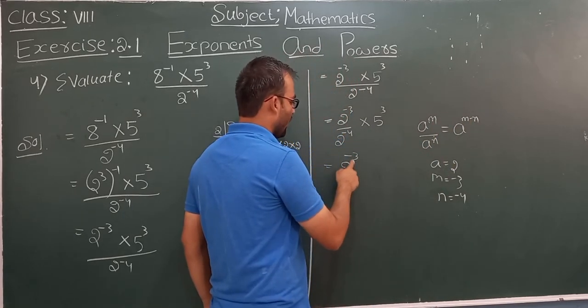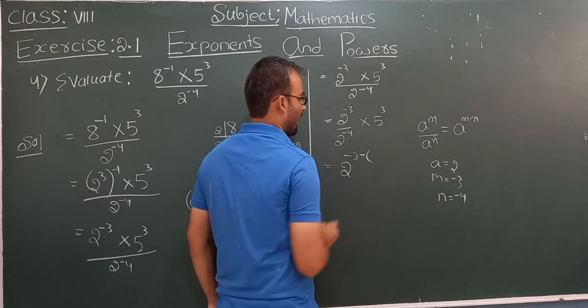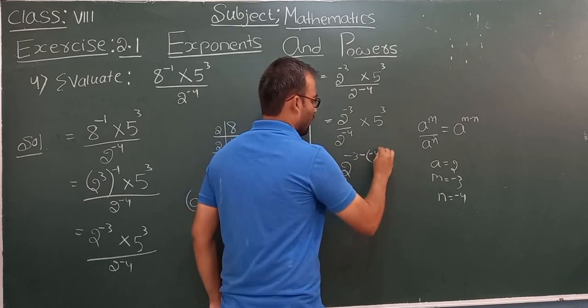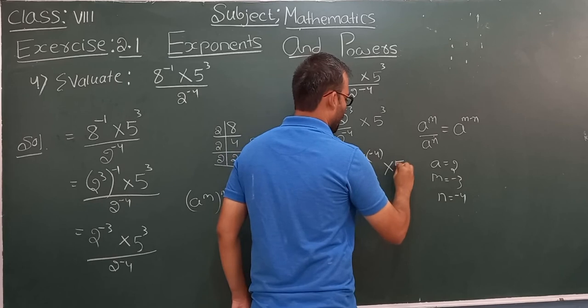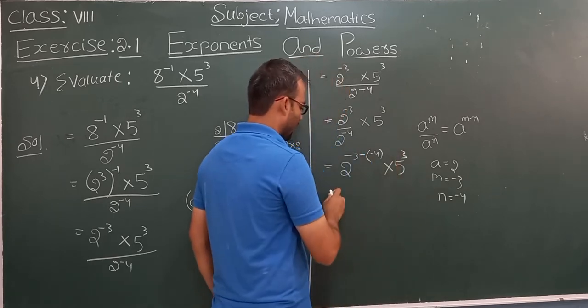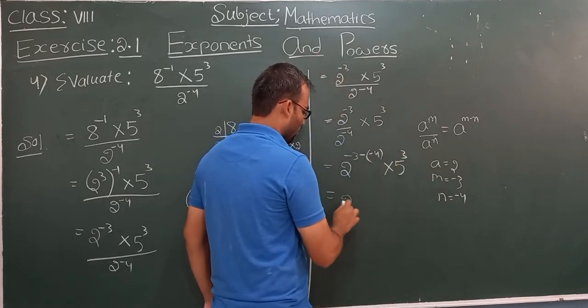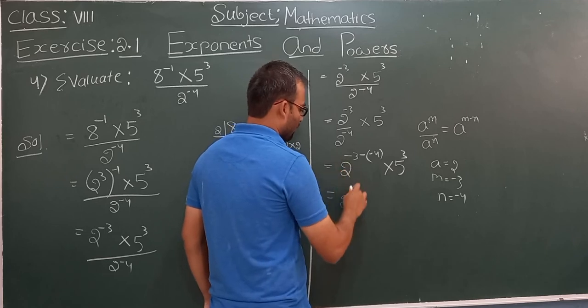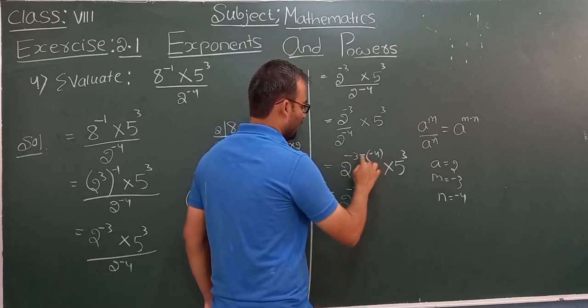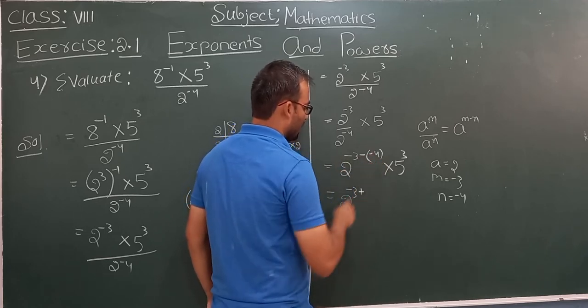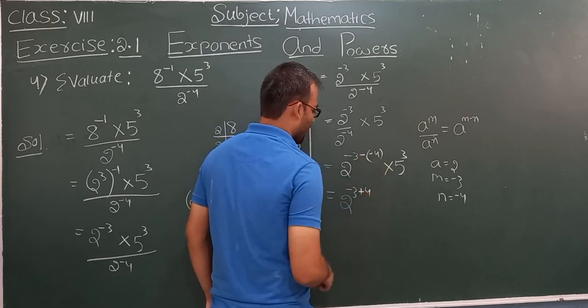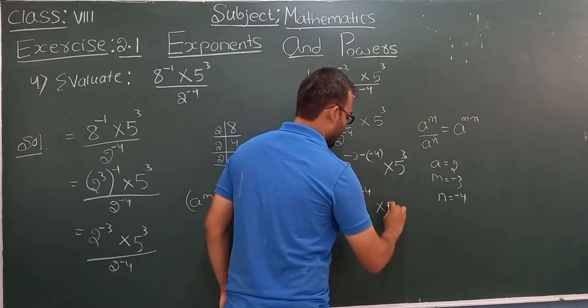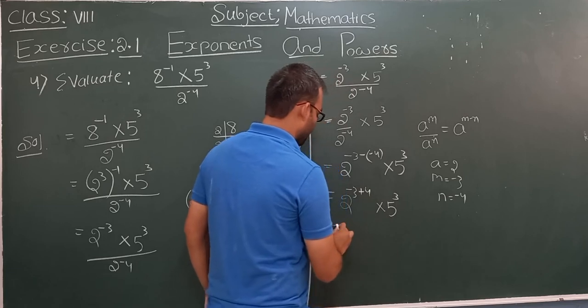That is 2 to the power minus 3 over 2 to the power minus 4. Here a is 2, m is minus 3, and n is minus 4. So it is a to the power m minus n, that is 2 to the power minus 3 minus of minus 4, into 5 to the power 3. Now 2 to the power minus 3, then plus 4, since minus into minus is plus. Next, 5 to the power 3.